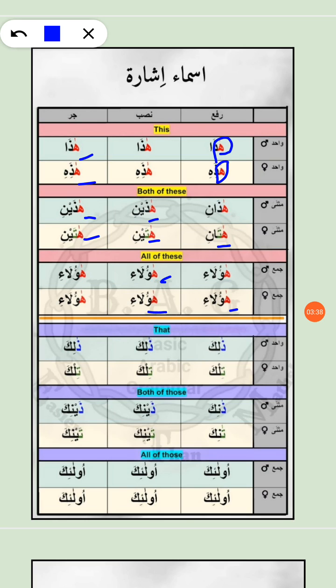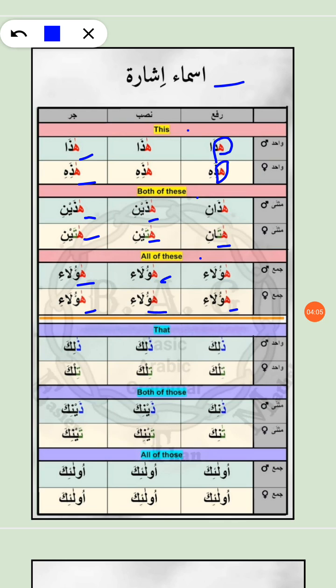Simply remember that the musharun ilayh, which is near, means that it is here. So ha in English is equal to ha for the asma ishara in Arabic. So all the asma ishara that begin with ha are going to point towards the musharun ilayh which is near.